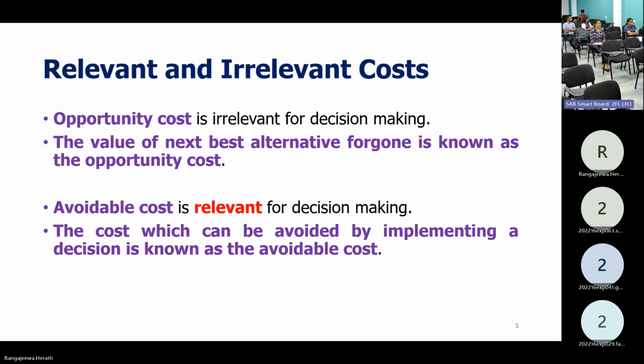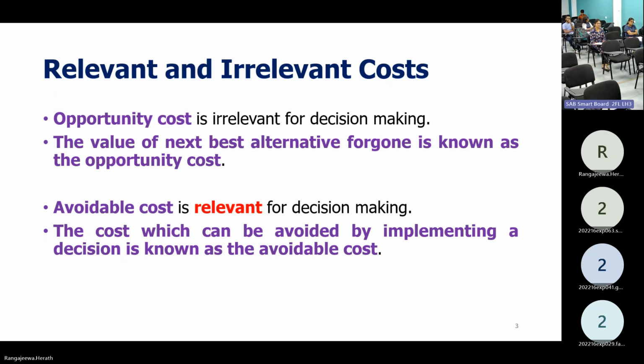We have three alternatives: sell it in the market for 160, or sell it to customer A for 150, or sell it to customer B for 180 after further processing.